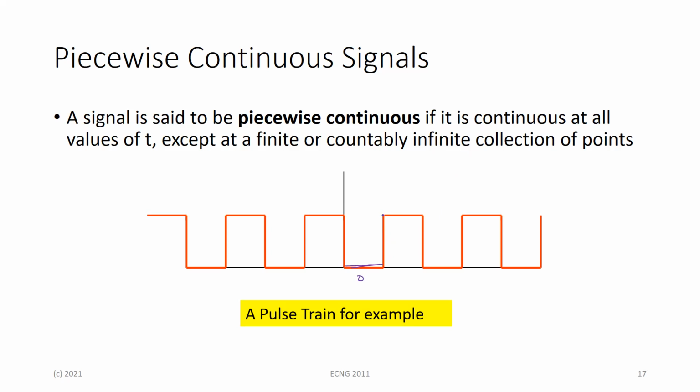This is a positive going step here. So this is going to give me a positive going impulse. Here is flat, so the derivative of that is 0. This is a negative step, so you're going to get a negative impulse, right?